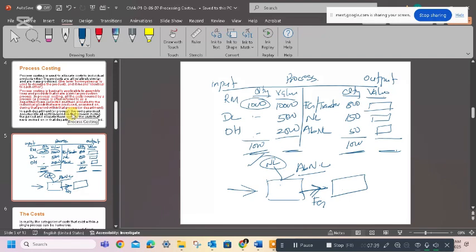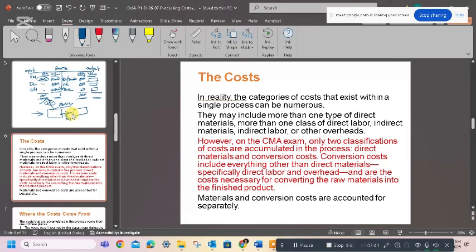Now let's see what they are showing in their slides. In reality, categories of cost that exist within a single process can be numerous. They may include more than one type of material, more than one class of labor, etc. However, in the CMA exam, only two classifications of cost are accumulated in the process: direct material and conversion cost.